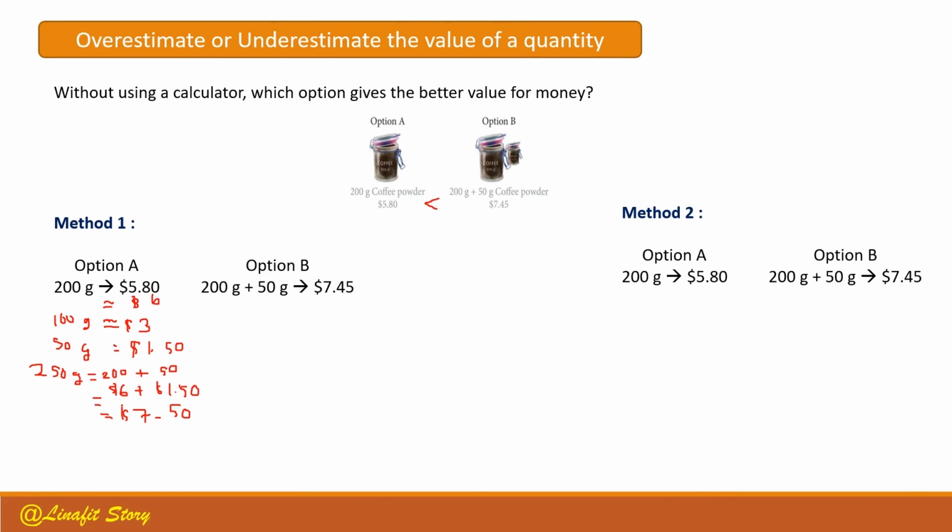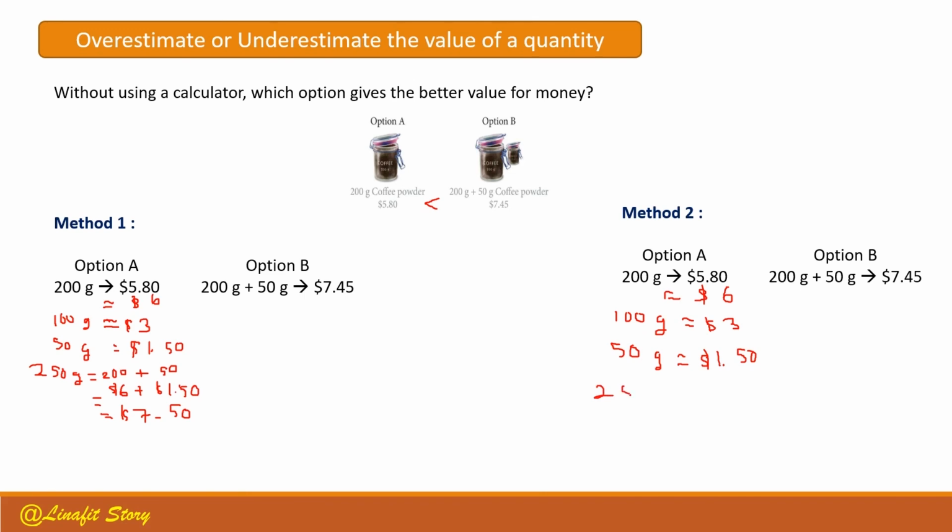Now, let's look at method 2. In option A, 200 grams cost $5.80. So this is about $6. So 100 grams costs about $3. And 50 grams costs about $1.50.